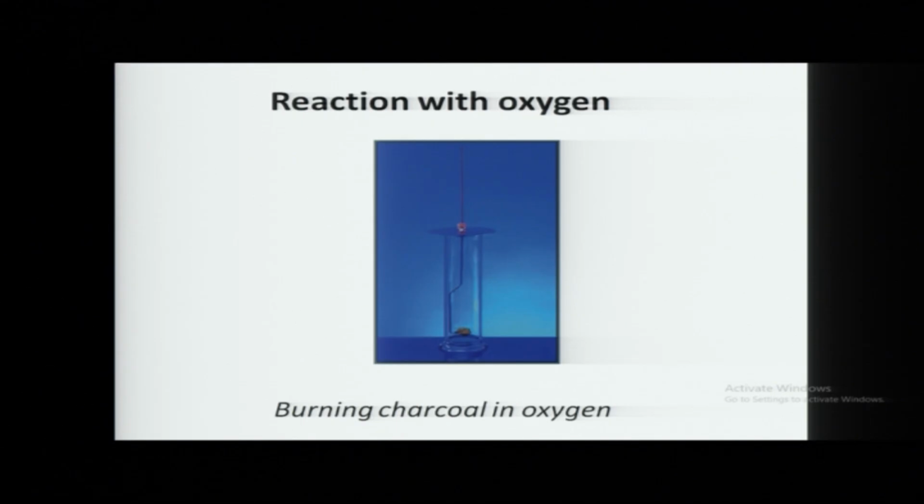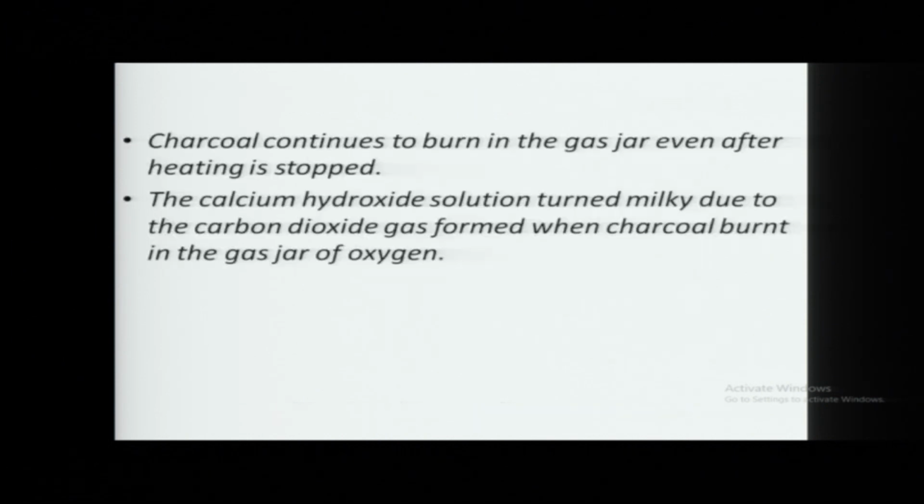When you put burning charcoal in a gas jar, it continues to burn until the oxygen is used up. The charcoal continues to burn in a gas jar even after heating has stopped. What does it mean?